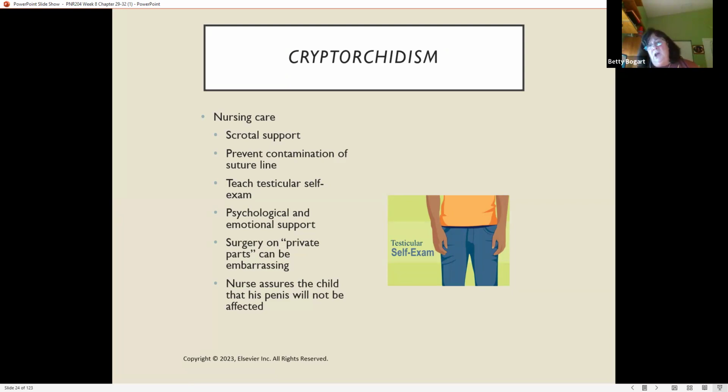Now, young children, we try to figure this out before potty training and being aware of body parts and getting self-conscious about their private areas. So we try to do it before that. It's not always possible. So you can see with that support, the private parts can be very embarrassing, and let this child know that his penis is not going anywhere.